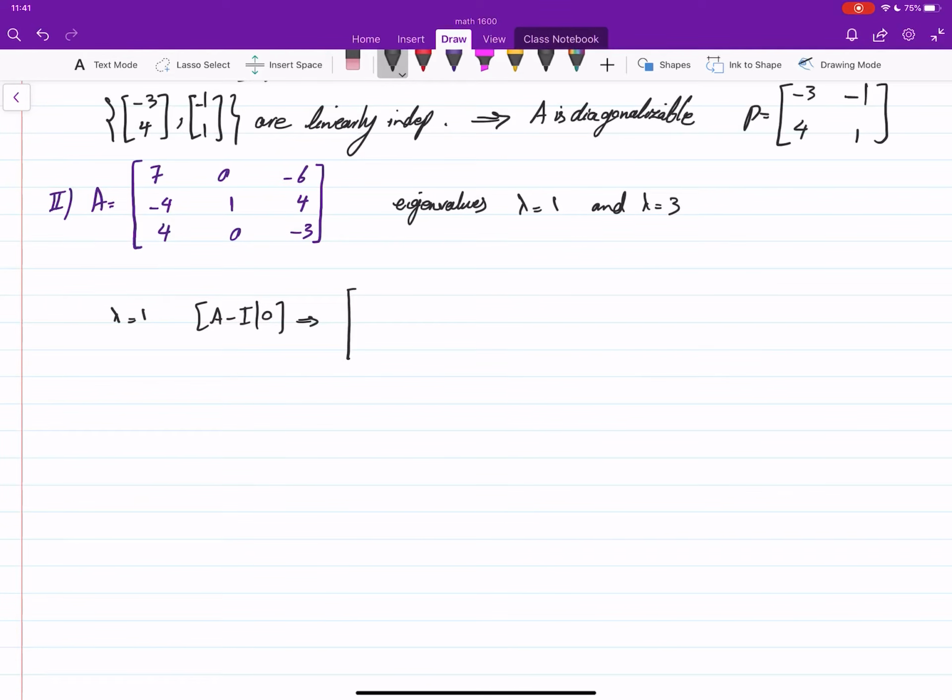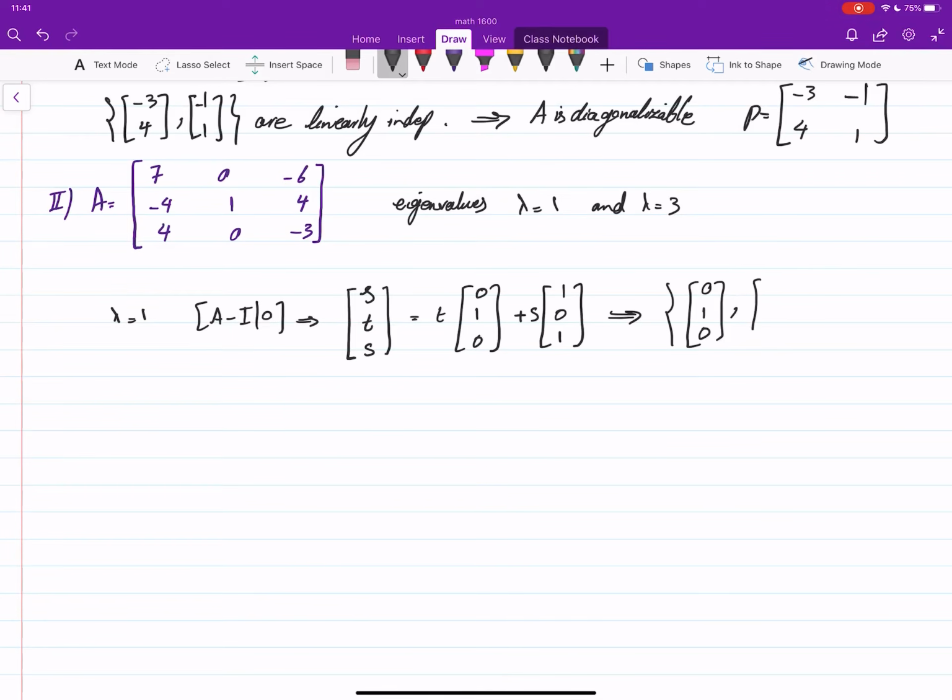The solution will be of this form, with s here, t here, and then s here. In other words, we can write this as t times 0, 1, 0 plus 1, 0, 1 times s. From this, you see that these two vectors, 0, 1, 0 and 1, 0, 1, form a basis for E1. So these are two eigenvectors from E1.